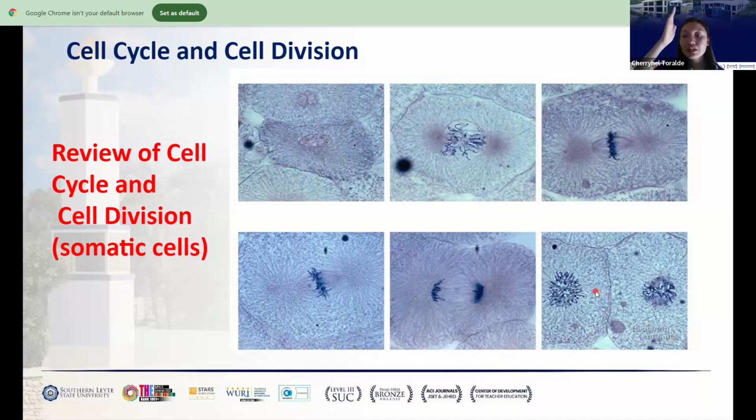And kapag naging complete na yung separation of the two new daughter cells, that event of separating the two new daughter cells from each other is called cytokinesis. Then, yes, magdi-decondense na ang imong mga chromosomes.